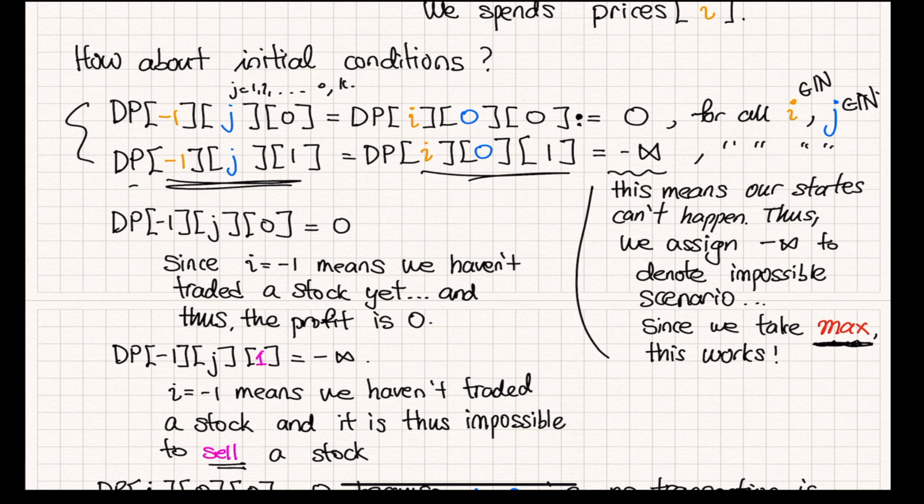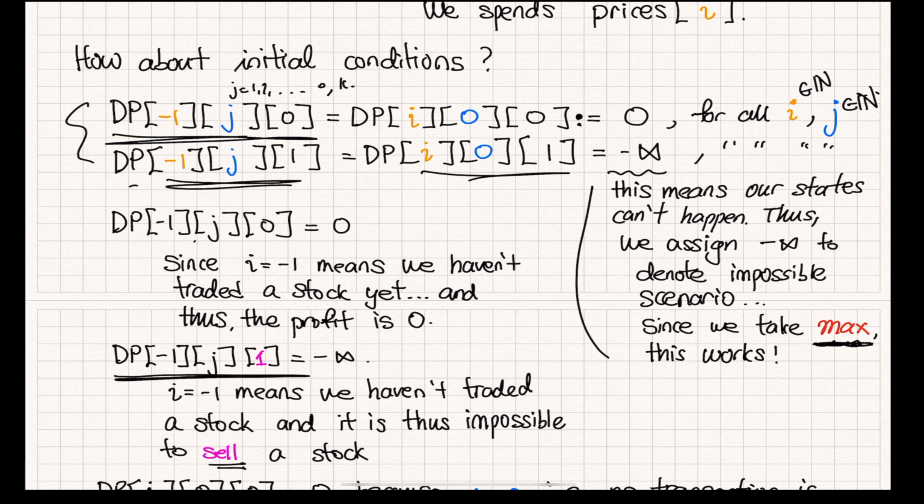dp of negative 1 comma j comma 0, that's this guy, is equal to 0. Why is that? Well, i equals negative 1, remember that our prices have a 0 index, right? i minus 1 means we haven't traded a stock yet, and so the profit is 0.